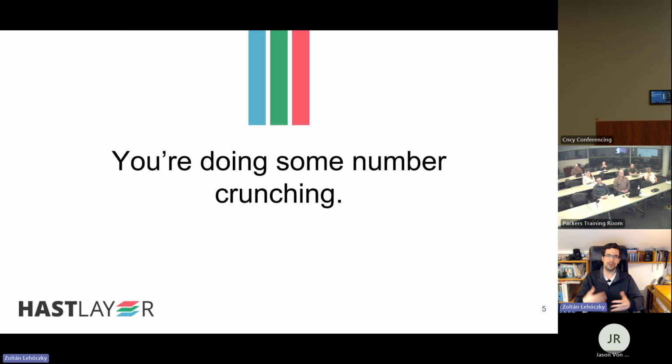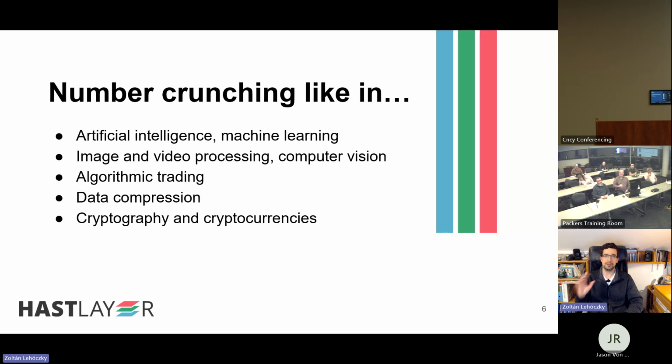Now, let's suppose that you are working on a project where you are doing some kind of heavy number crunching. And by number crunching, I mean something in the areas of, for example, AI, machine learning. Of course, pretty fashionable topics nowadays. Or you do something with images. Image or video processing are technically quite similar.